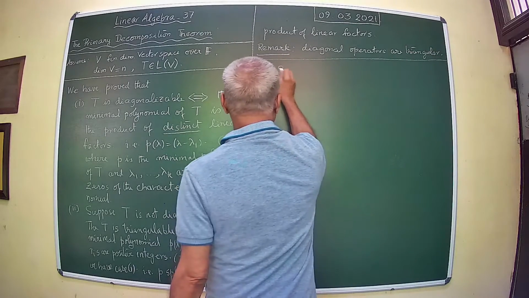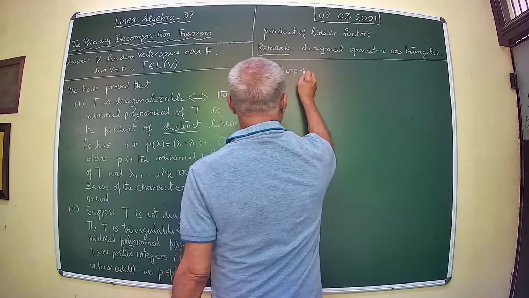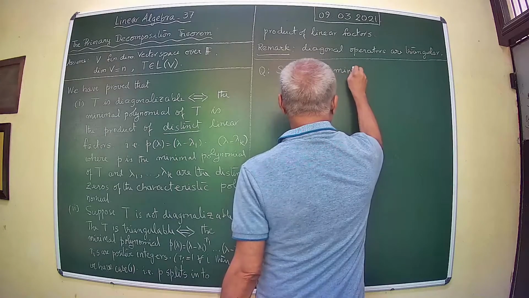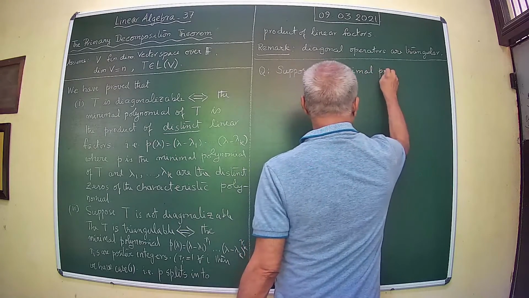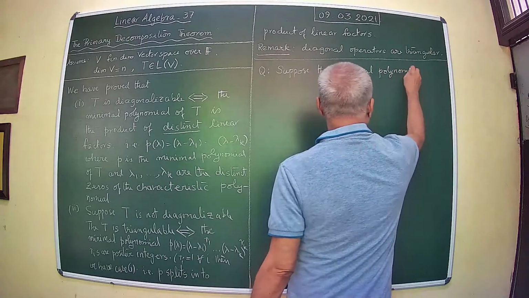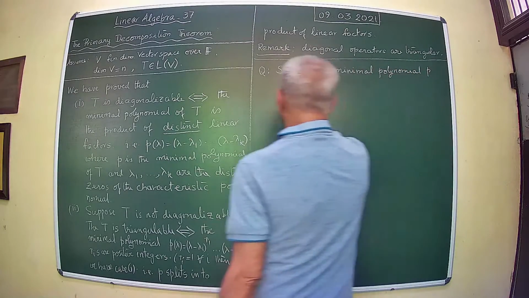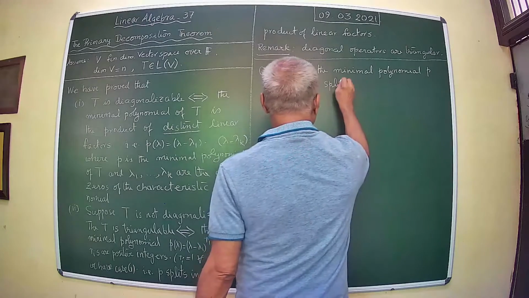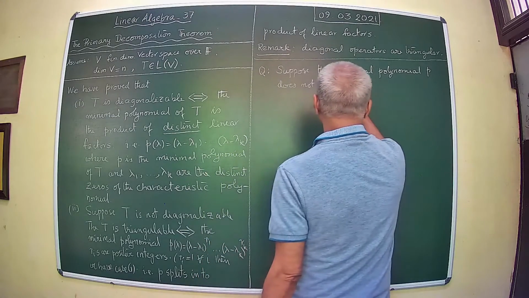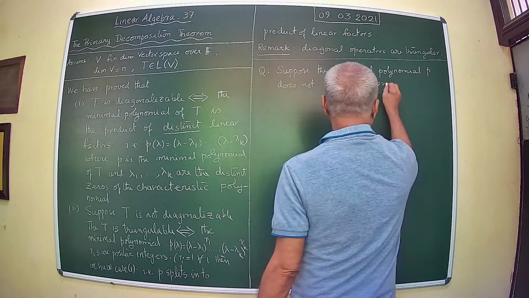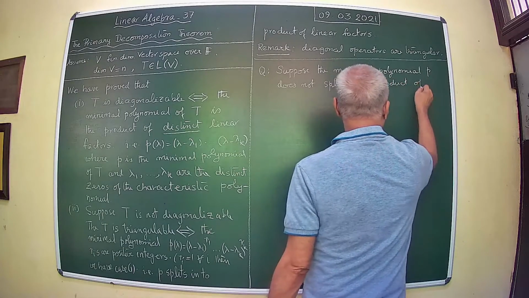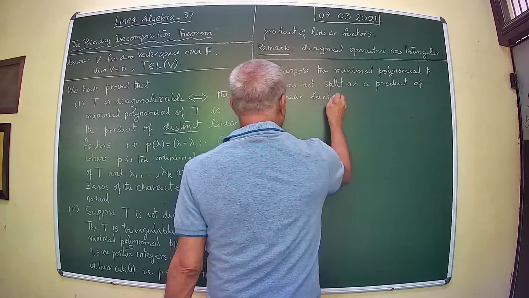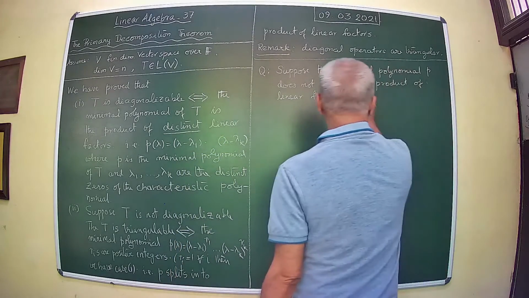Suppose the minimal polynomial p does not split as the product of linear factors over the field. Is it still possible to get a simple representation?